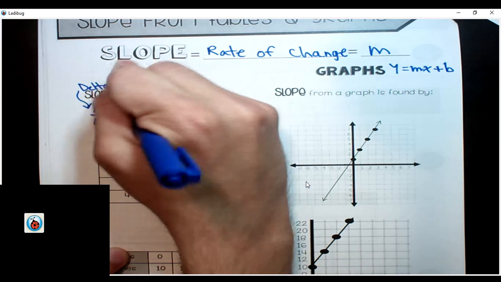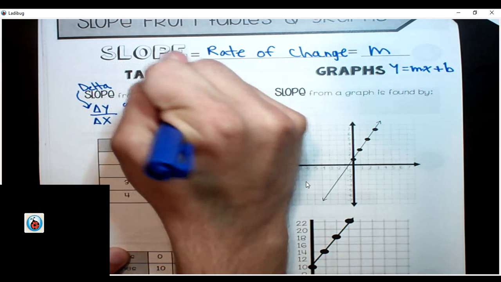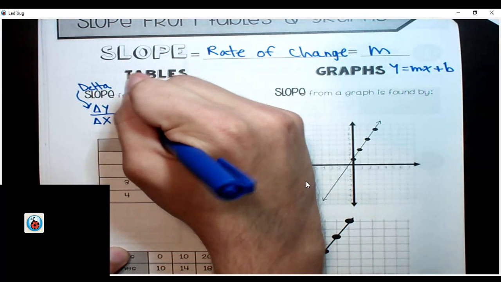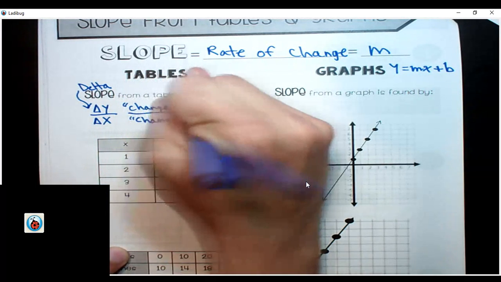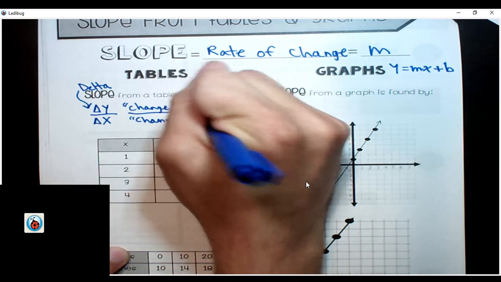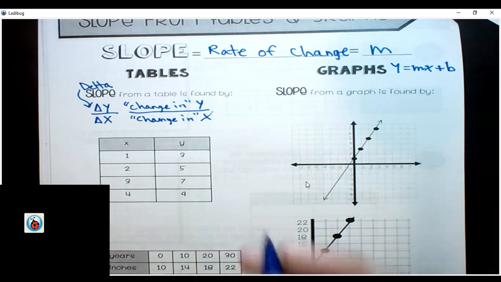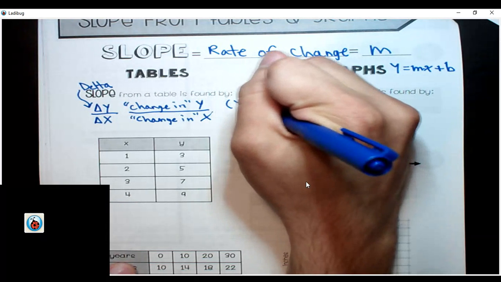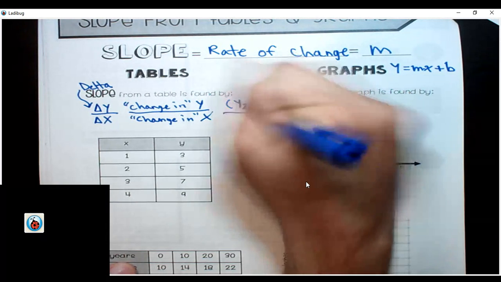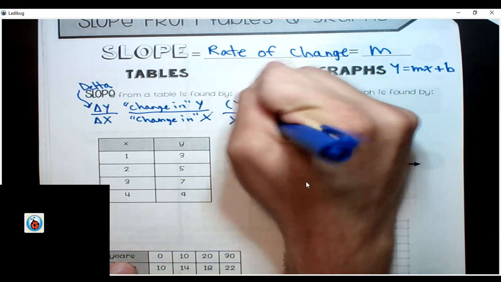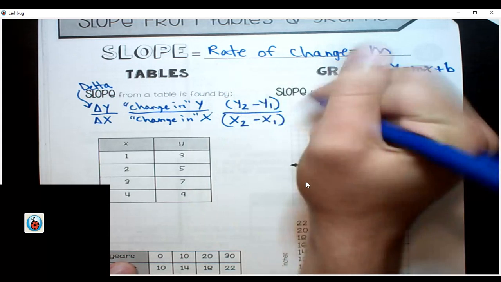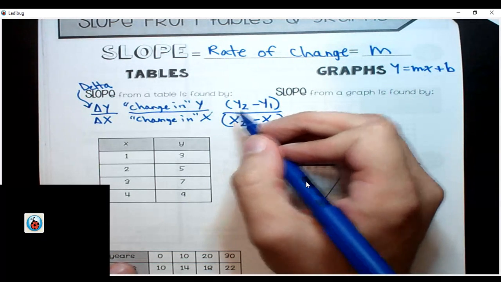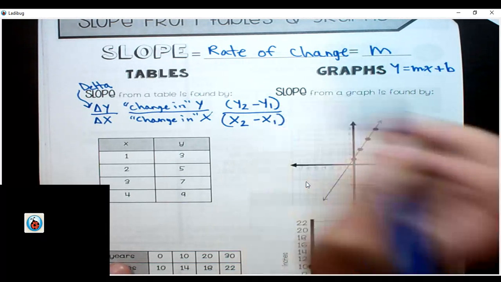So it's change in y divided by change in x. Or it can also be y2 minus y1 divided by x2 minus x1. The 2 is representing the second set of ordered pairs, and the 1 another set of ordered pairs.